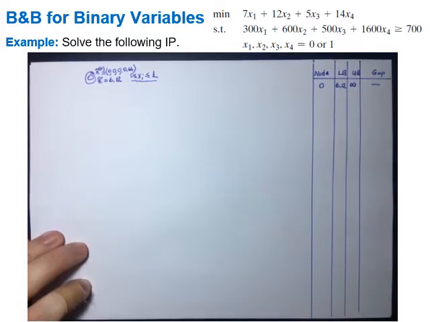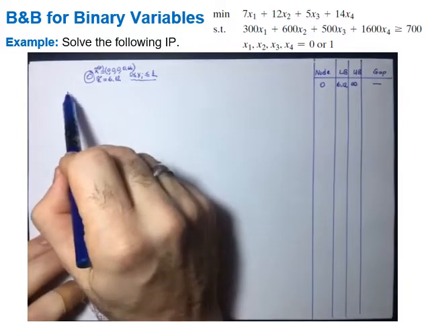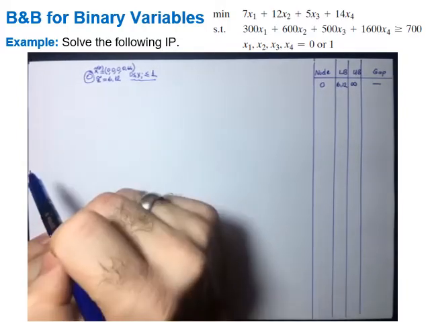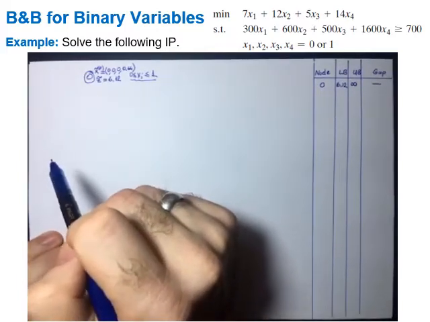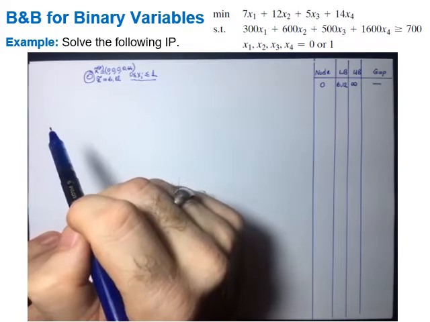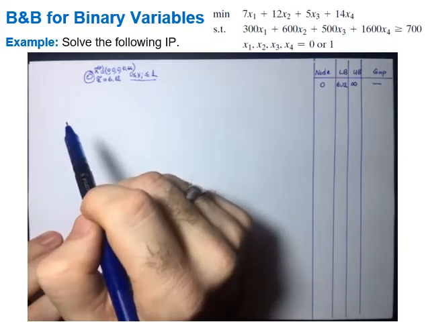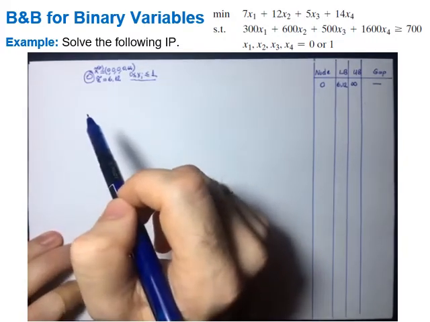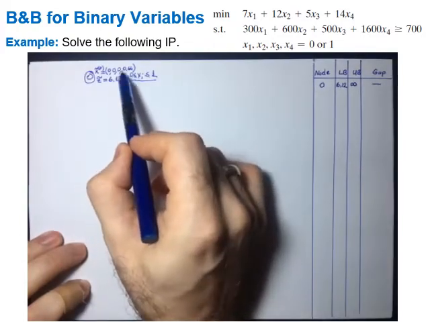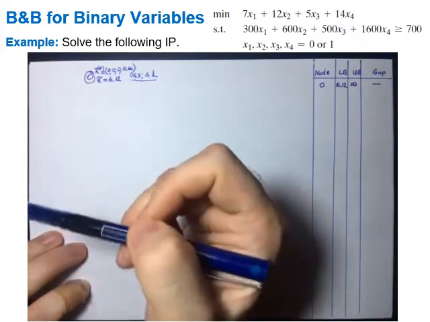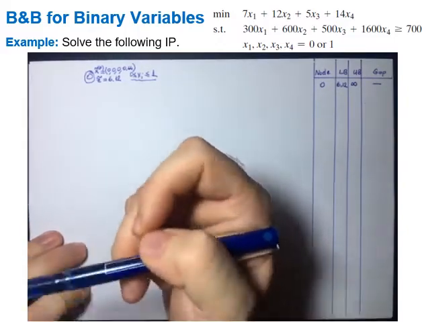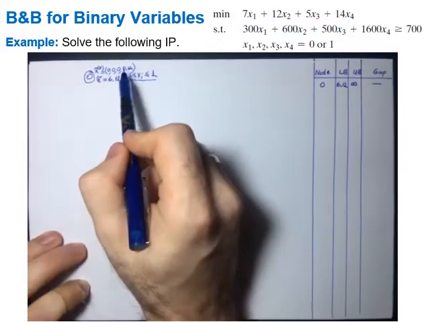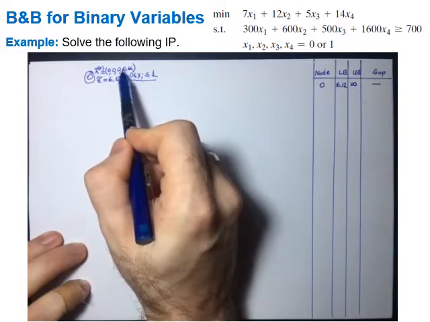Now the question in the branch and bound algorithm is, can we fathom this node? There are three reasons to fathom. Can we fathom because of infeasibility? No, we have a feasible solution. Can we fathom because we obtained an integer feasible solution? No, because x4 is 0.44.